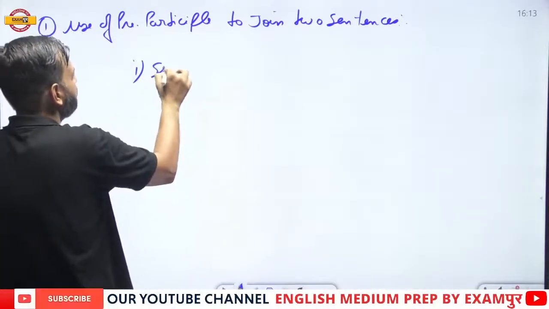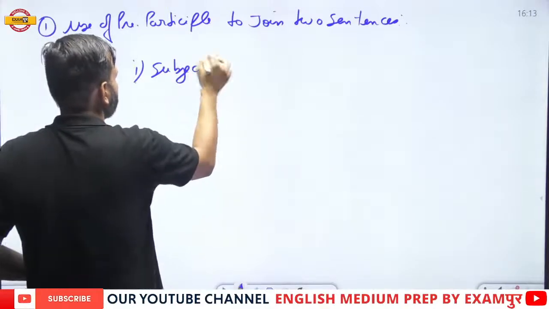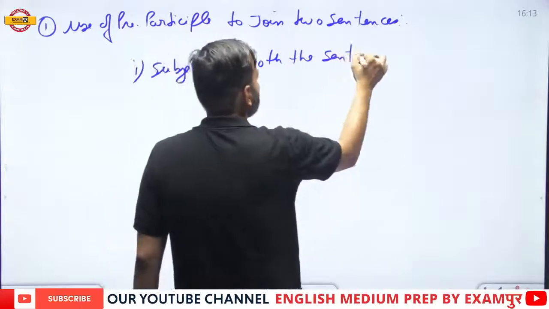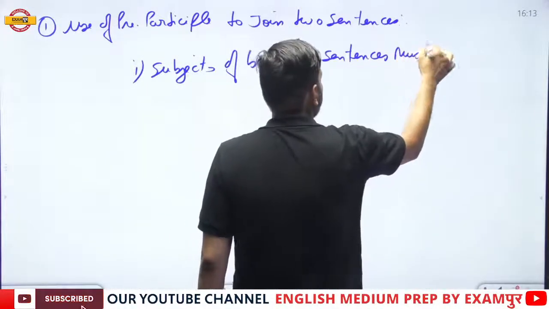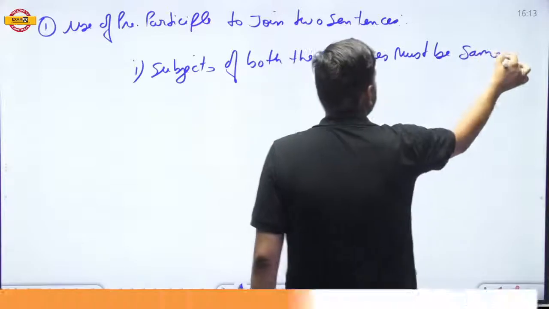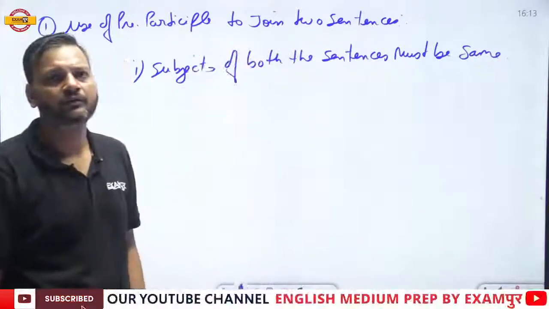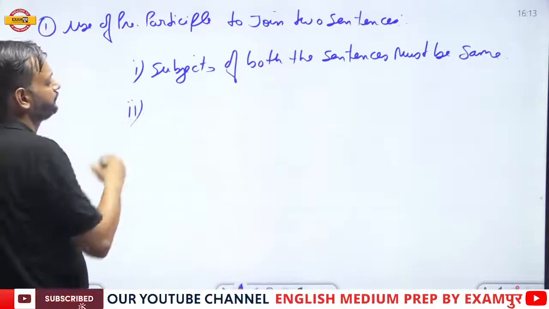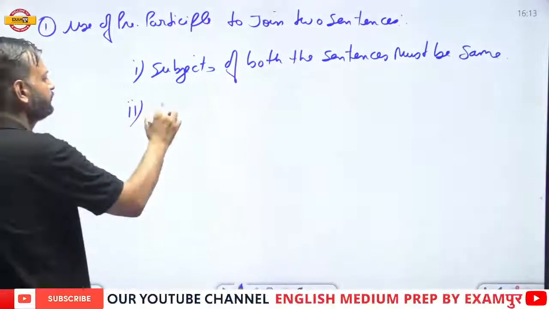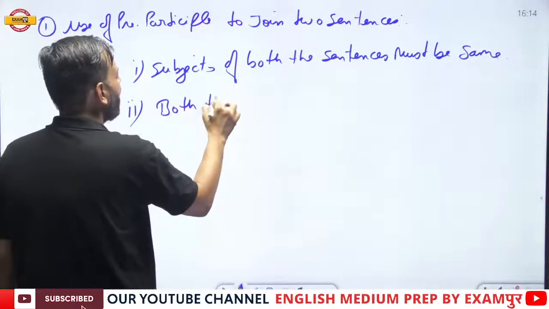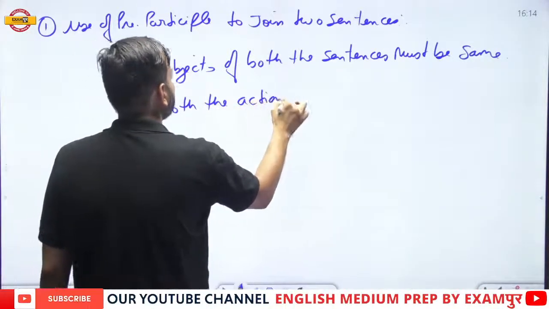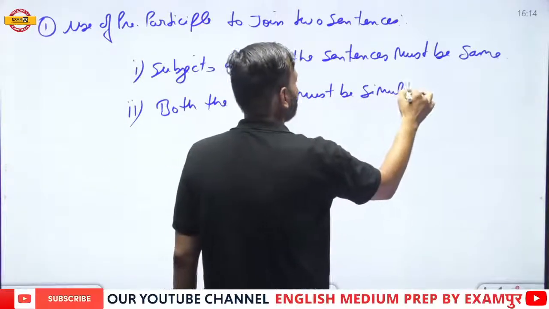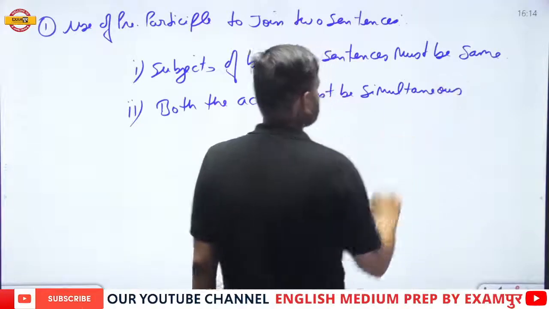First, subjects of both the sentences must be the same. This is the first condition to use a present participle. And second condition, both the actions must be simultaneous.